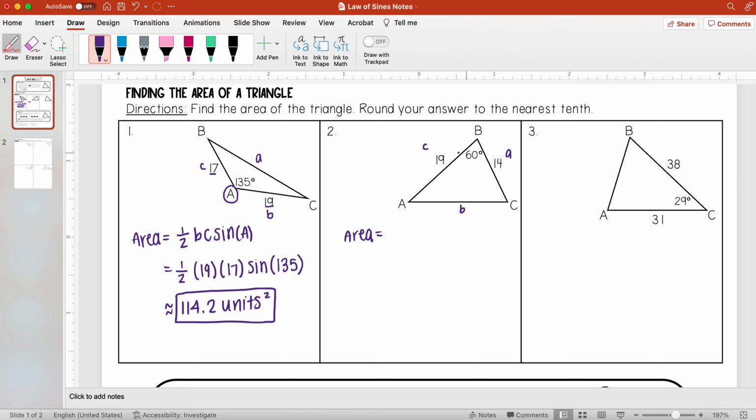Here I'm given sides a, c, and angle B. That means my formula for area is going to be 1/2 a times c times sine of B. a is 14, c is 19, and angle B is 60.